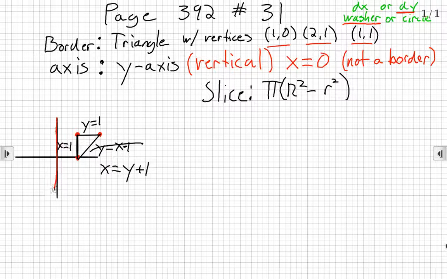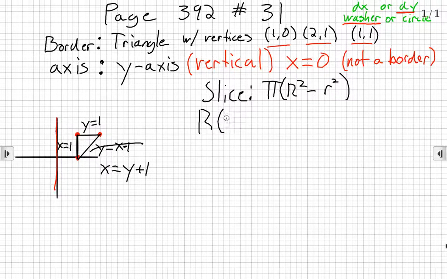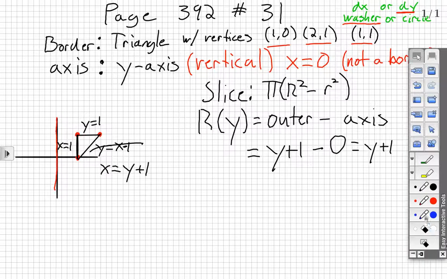If our axis of revolution is the y-axis, that means that this line, x equals y plus 1, is the function farthest away from the axis, so this is the function that determines big R. Big R of y is always outer minus axis. In this case, our outer function, if we use y as the independent variable, is y plus 1, and our axis is x equals 0, so minus 0. Y plus 1 represents big R of y.